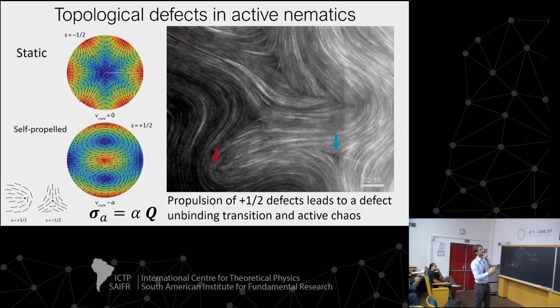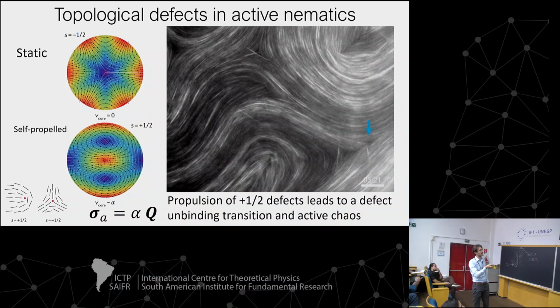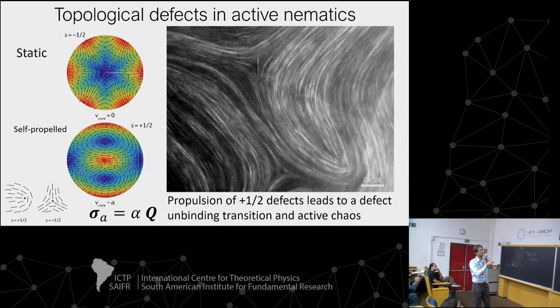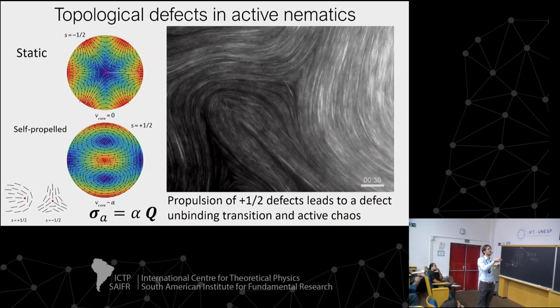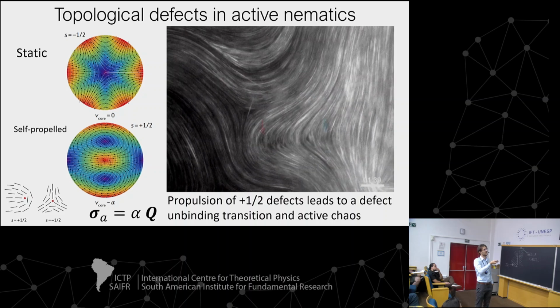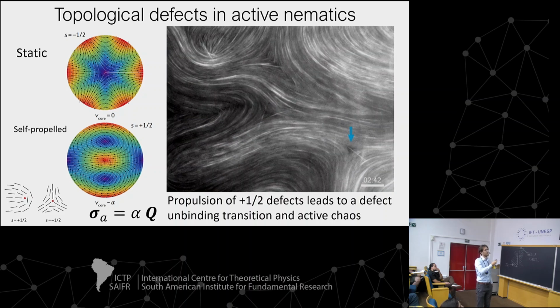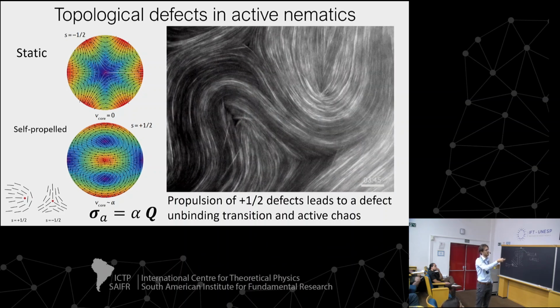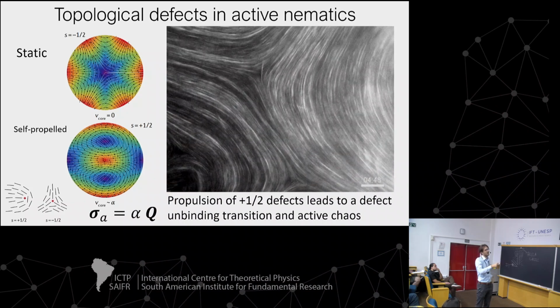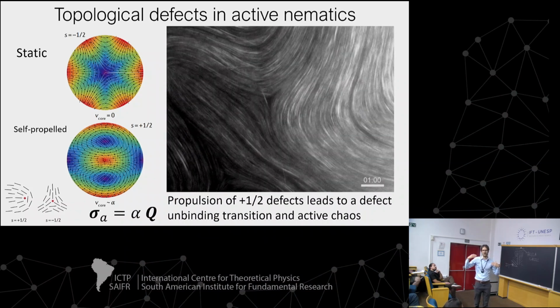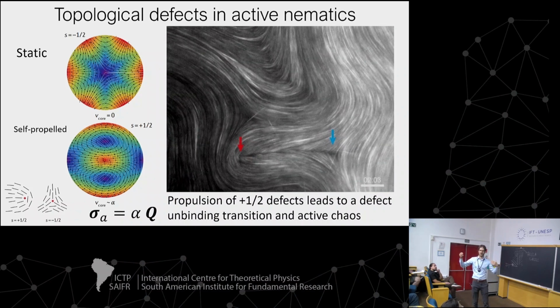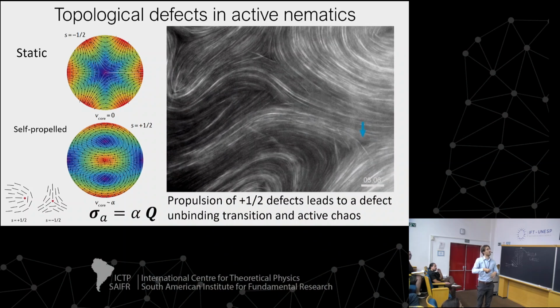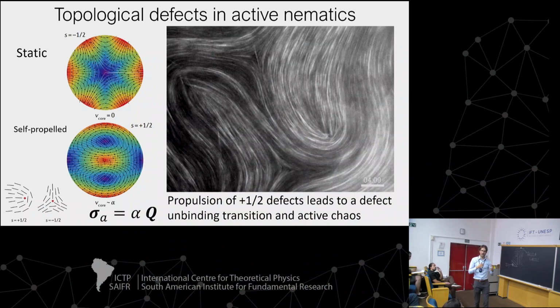There's lots and lots of interesting things here when you make it active. For example, the transition to chaos, right, is exactly the unbinding of these defects, right? If these defects cannot appear, or if they stay close together, then you'll have a fairly laminar flow, right? But as soon as they start unbinding, it becomes all chaotic and hard to describe.